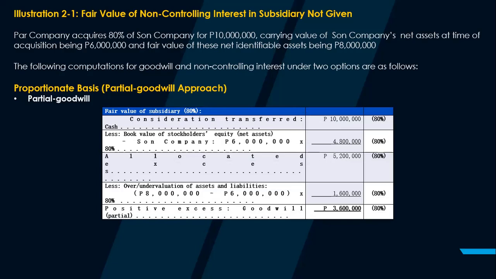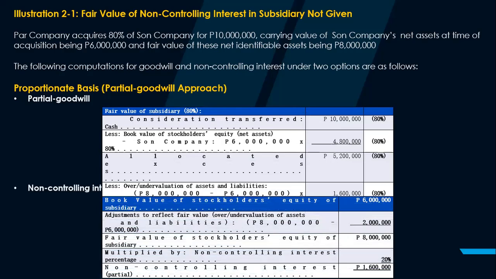That's 2 million times 80%, so 1.6 million the positive excess, and that's goodwill equal to 3.6 million. So under proportionate basis partial goodwill approach.